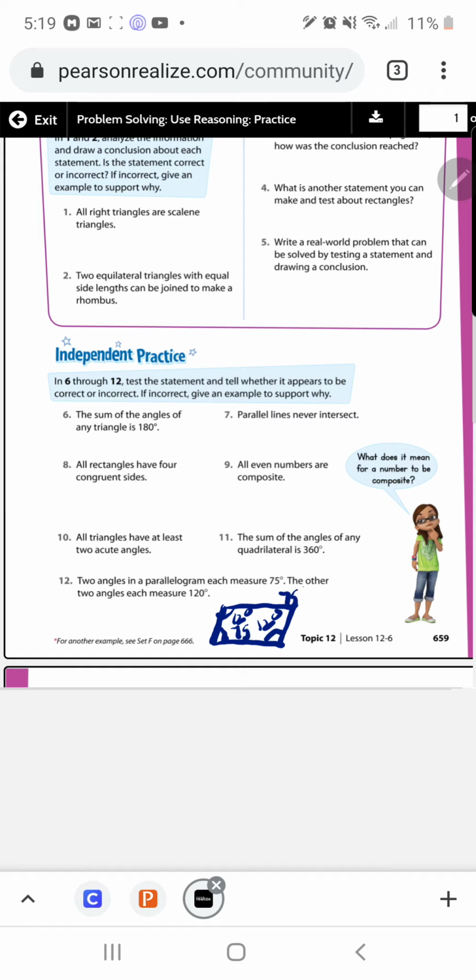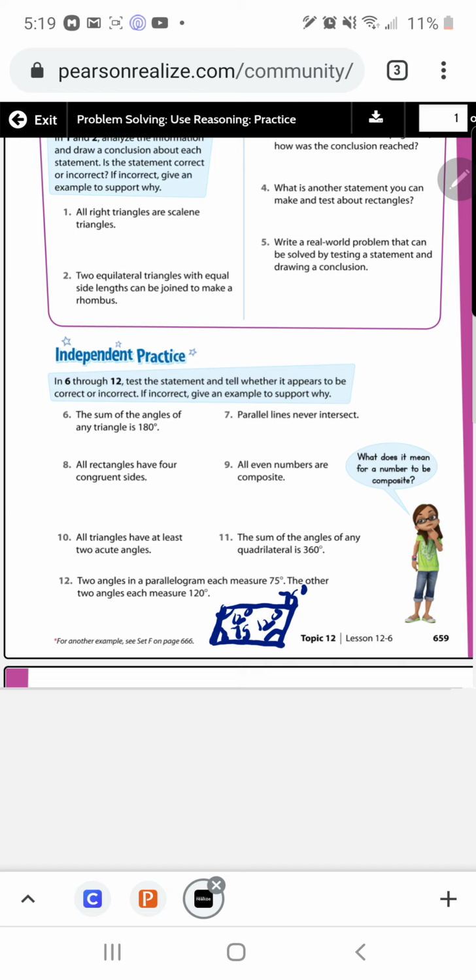So the question here is, if you remember statement number 11, it said that the sum of all of the angles of any quadrilateral is 360 degrees. If you find the sum of all of these angles, would that be correct? 120 times 2 is 240, plus 75 and 75, which is 150.